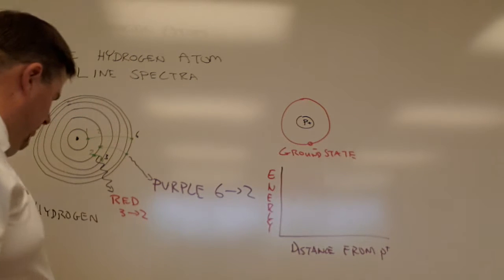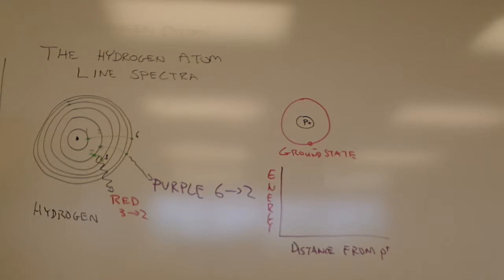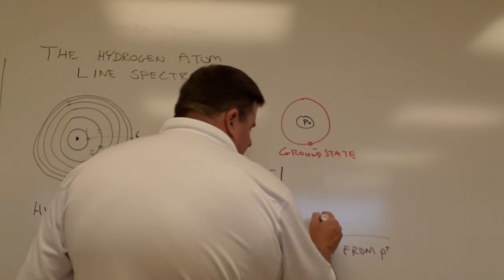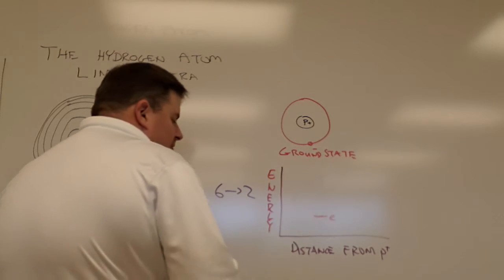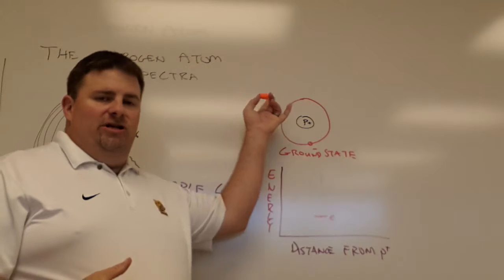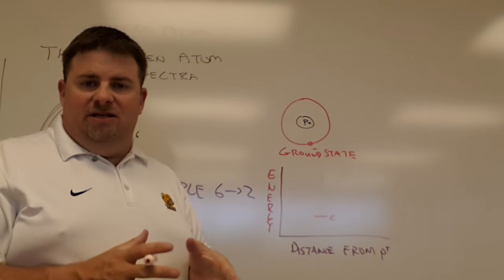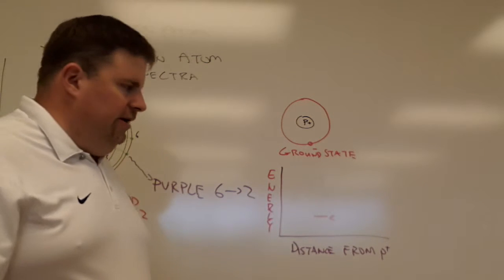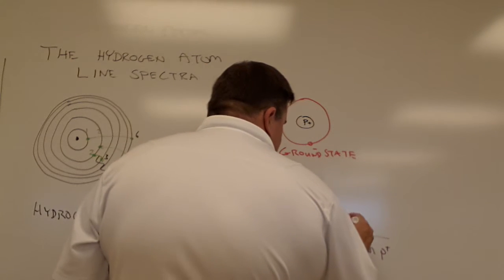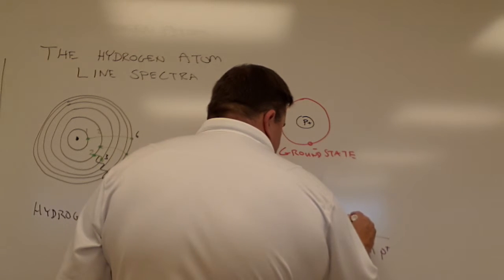Now, if we look at where that electron is and how much energy it's going to expend trying to move, so here's the electron, and I'll call this the ground state, because there's a certain amount of energy that's stuck inside that electron for it to be moving around. So there's a certain amount of energy that's in there. So this is E, and this is the ground state.